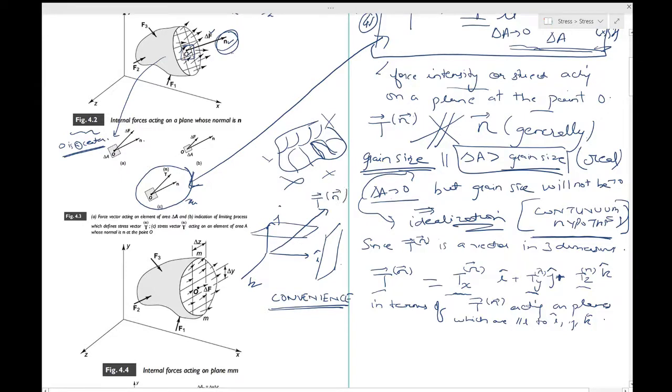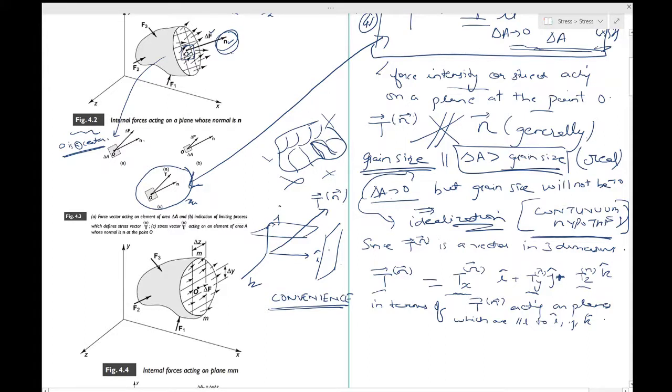Now this vector, as you know, is not parallel to any of these three planes, any of these planes parallel to i axis, j axis or k axis. But you will find it convenient if somehow this particular vector can be written in terms of a vector which is acting on planes which pass through the point parallel to the coordinate axis.